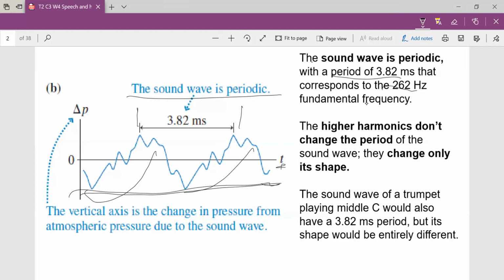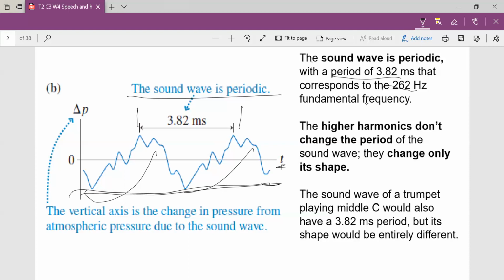The period will remain the same because you are playing the same note. So if you have the same note played on a trumpet, it's going to sound different from what you played on a guitar. It is actually the higher harmonics that bring about that difference in sound, but the period remains the same because it's the same key that you're playing, it's the same notes.